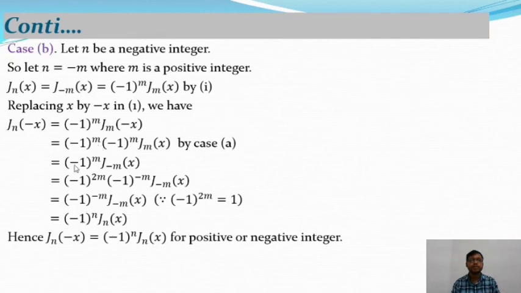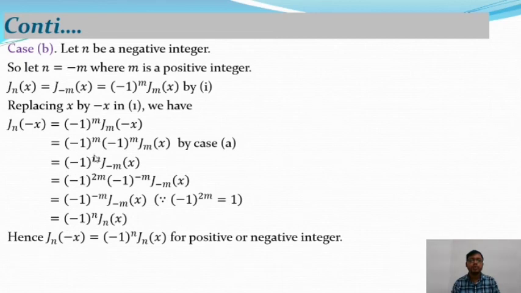Minus 1 whole to the power m into Jm of x is equal to J minus m of x, you know that. So this is equal to minus 1 whole to the power m into J minus m of x, and therefore the above equation can be written as Jn of minus x equal to minus 1 whole to the power 2m into minus 1 whole to the power minus m, which is equal to minus 1 whole to the power n.